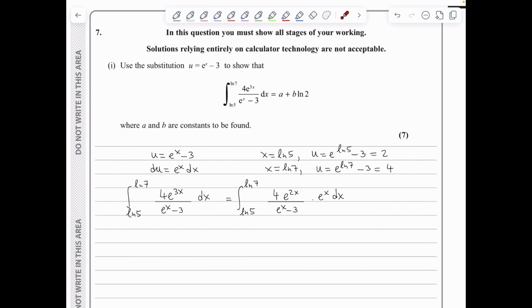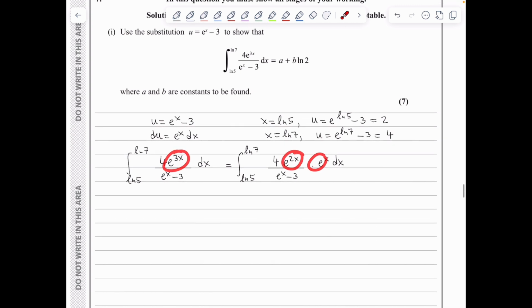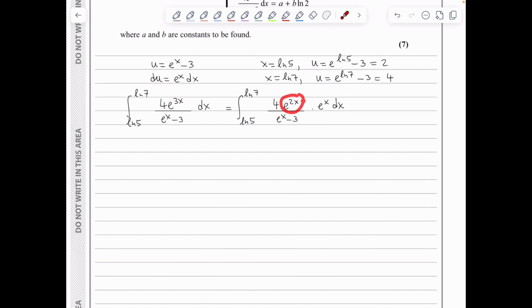So what I have done here, I have written e to the 3x as e to the 2x times e to the x, and then I will write the e to the 2x as e to the x raised to the power of 2. So we're looking at the integral from ln 5 up to ln 7 of 4 brackets e to the x squared over e to the x minus 3 times e to the x dx.